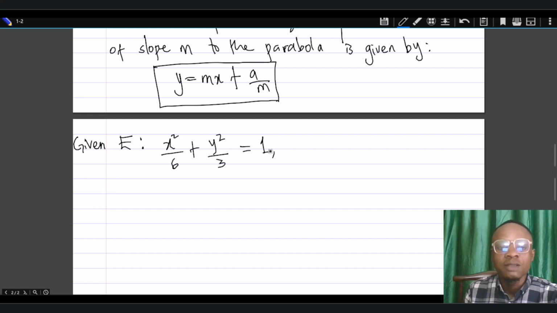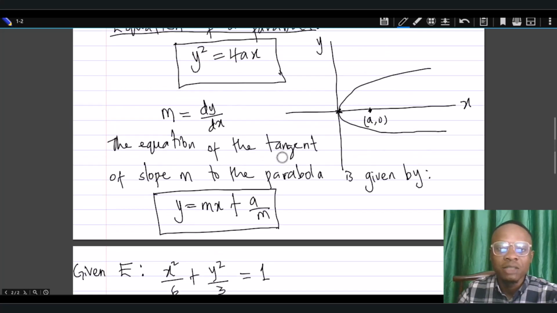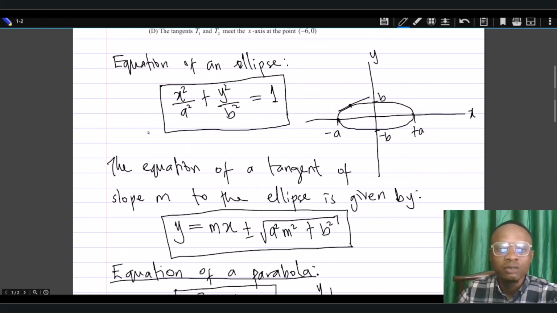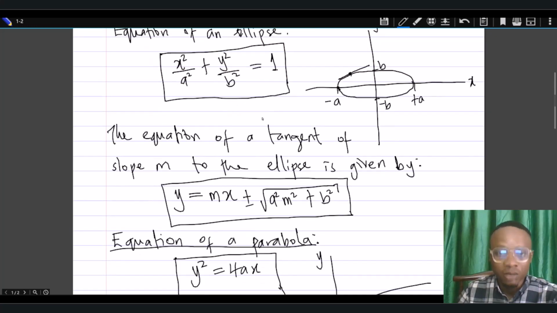From this, we can tell what a is if we put this in standard form. We know the standard form is x squared over a squared plus y squared over b squared equals 1.